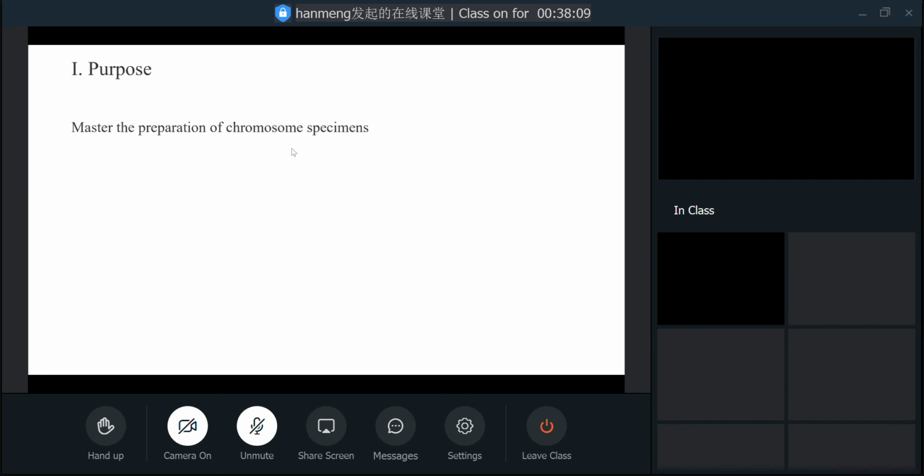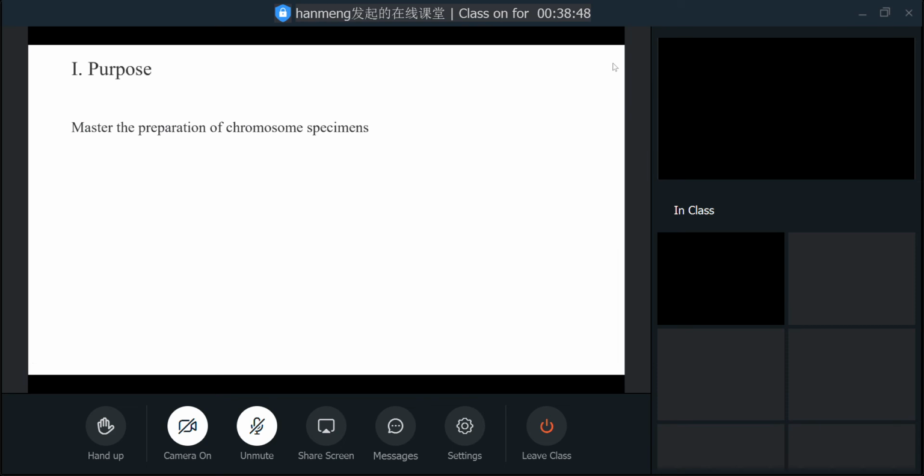So this experiment is for you to master the preparation of chromosome specimens. It is a classical method. Maybe you can search on the internet; some other methods can also be used to prepare the chromosomes. All these methods are okay, because our final goal is to get the chromosome specimen of a person.